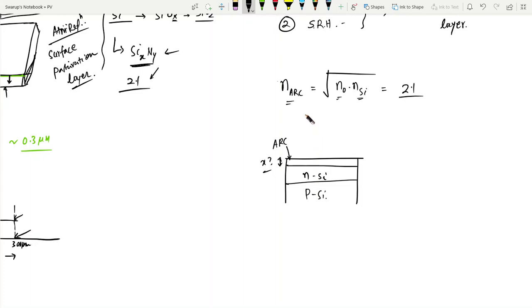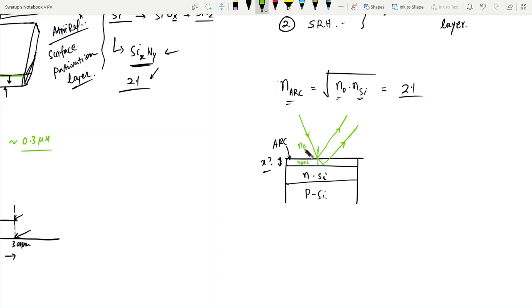So let me just draw the ray diagram, then it will be clear. Let's say the light is falling on this ARC, right? Some part will get reflected back from here, some part will get transmitted, and this light also will get reflected from this. This is N0, let's say, this is NARC, this is NSi, right?